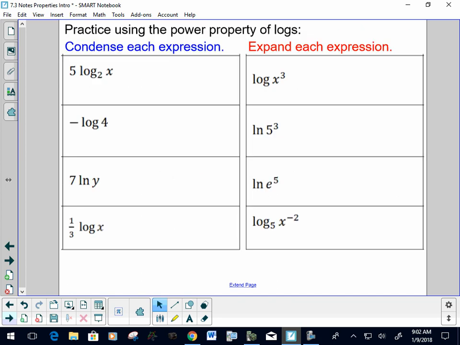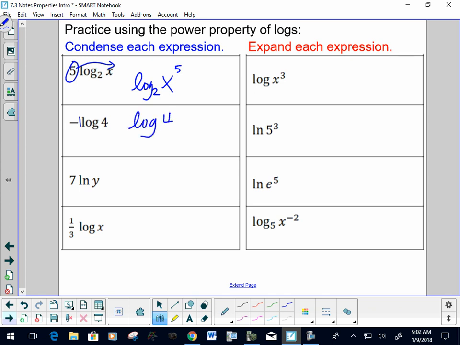So we're going to use the power property here. If I have 5 times the log base 2 of x, that's exactly equal to the log base 2 of x to the 5th power. It's like bringing that 5 up as a power. Negative log 4, it's kind of like a negative 1 if you want to think of it that way. So this would be the log of 4 to the negative 1 power.